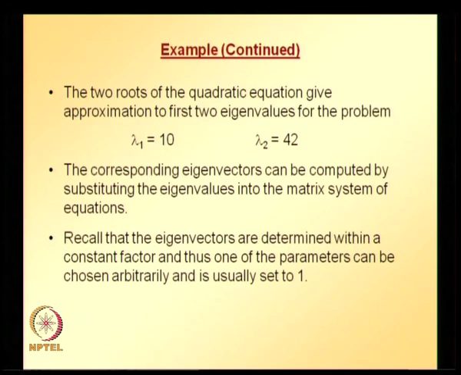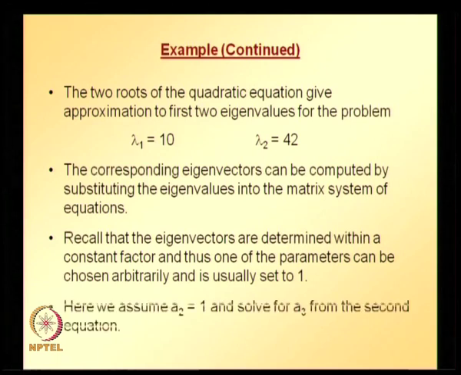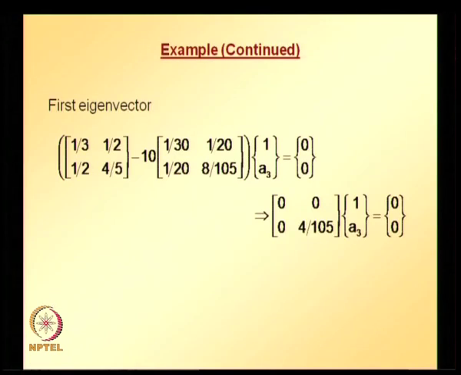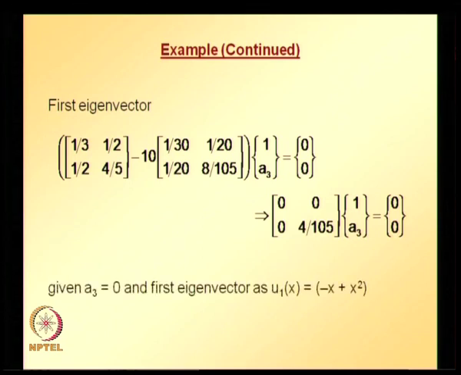So we will take lambda equal to 10, and we assume a2 equal to 1 and solve for a3. We get the first eigenvector by doing that, and by solving this equation system we get a3 equal to 0, but a1 equal to a2 equal to 1.